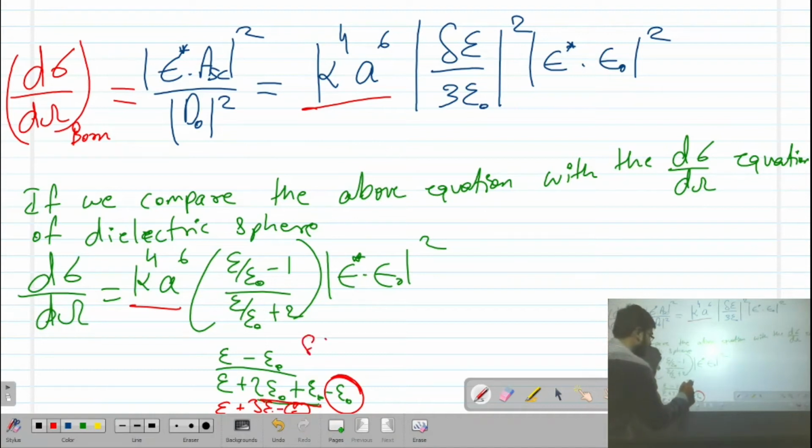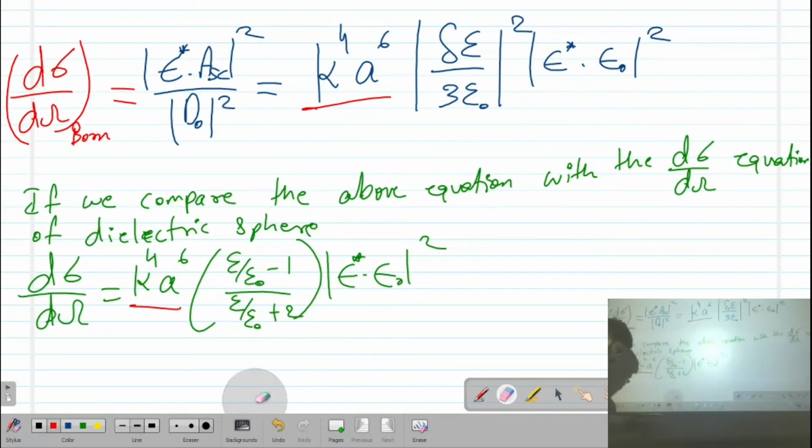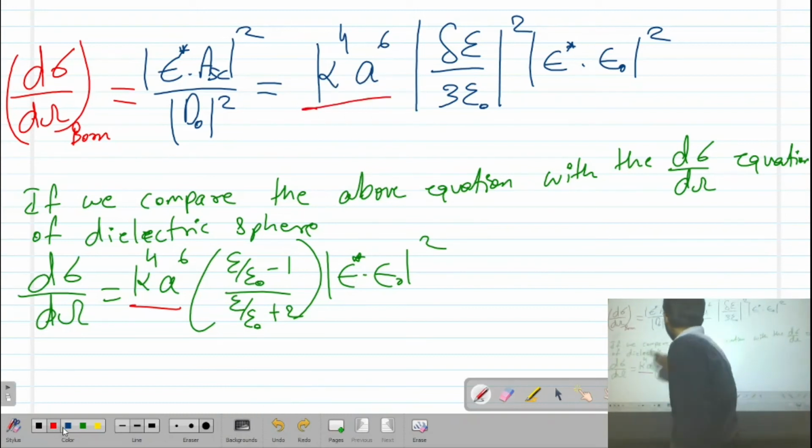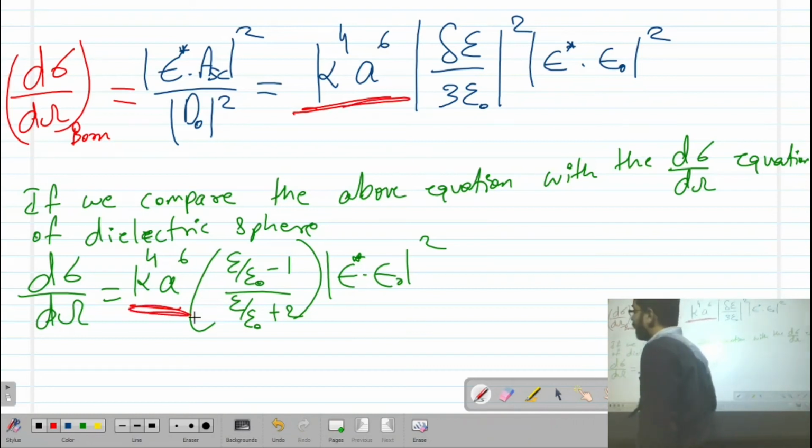So delta epsilon by 3 epsilon 0, near about the same equation. The order is same; the small variation is with respect to the Born approximation which we did. So this is the end of the theory for Born approximation. Thank you.